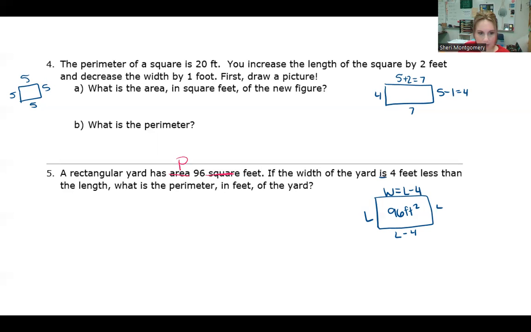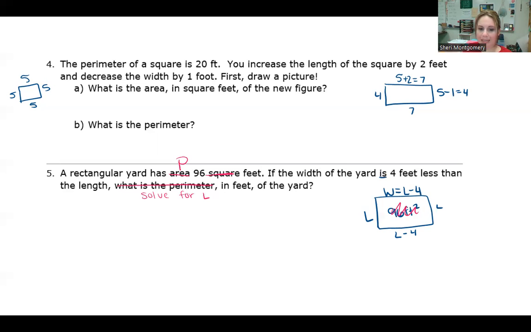And instead, what we're going to figure out is we're going to find L. I'm also going to scribble that out because we're not saying that's the area anymore. We're going to do it this way.